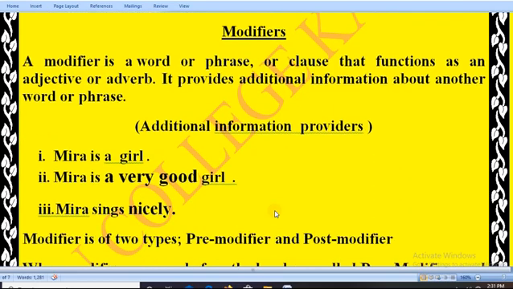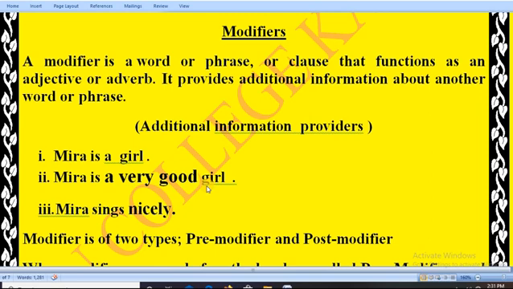So let's see the example. If we say Mira is a girl, right? This is a simple sentence. But when I say Mira is a good girl, here good has given some extra information about Mira.